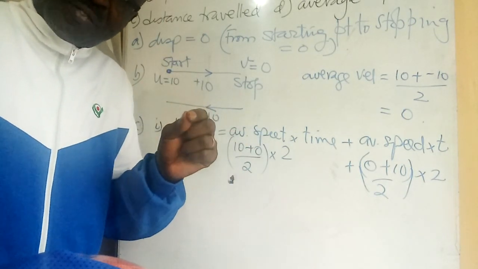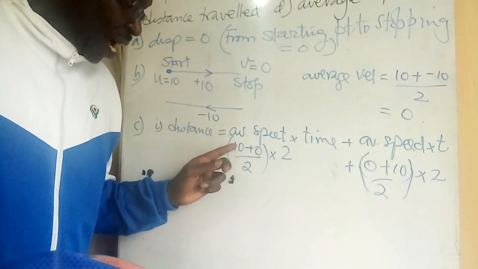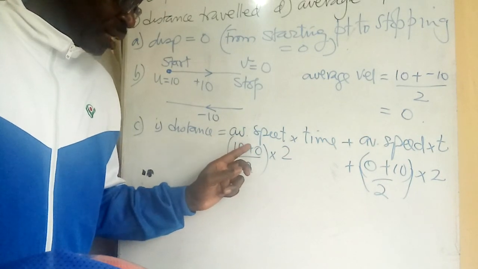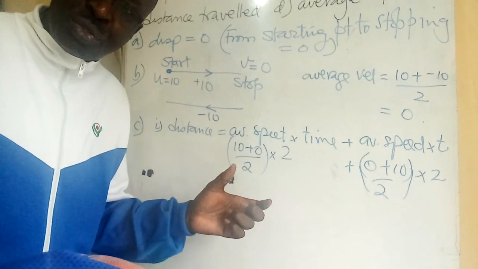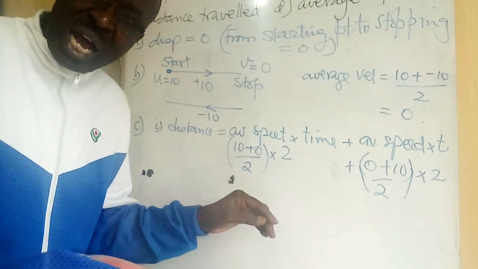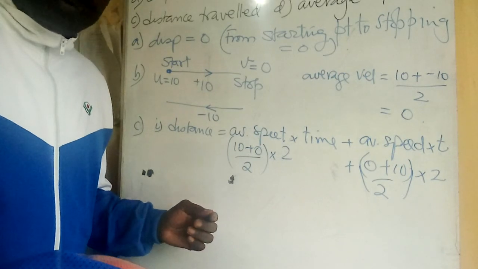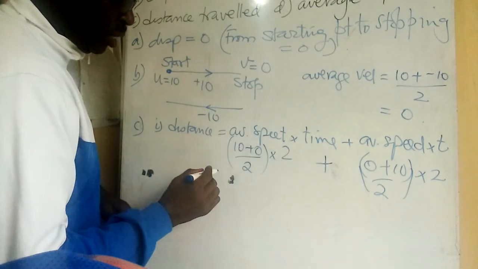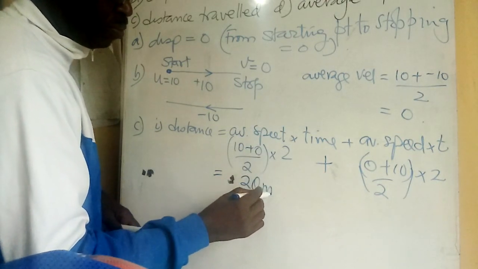Because this vehicle started at 10 and then stopped, so u plus v. That part of motion entails an average speed. Which gives me, if we do this, 10 and that one is 20 meters.